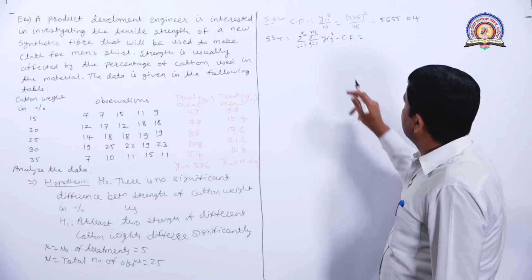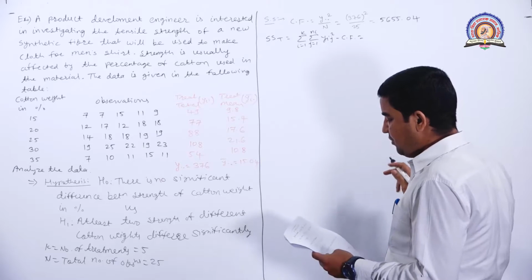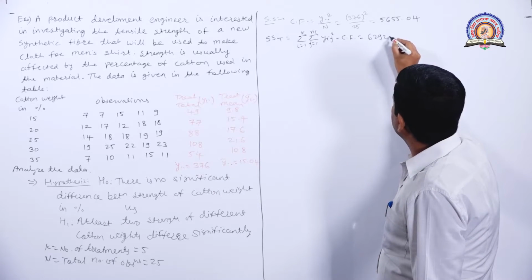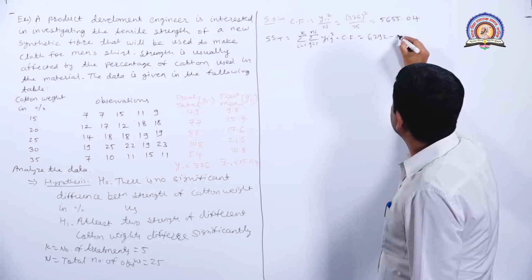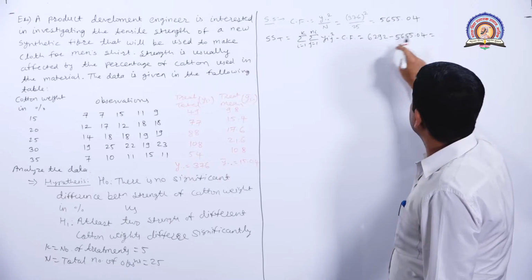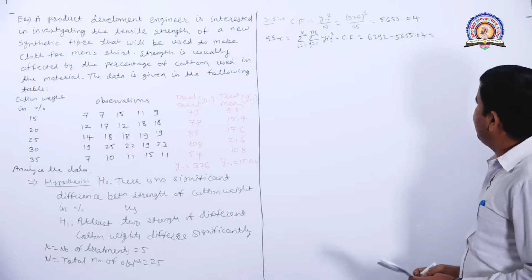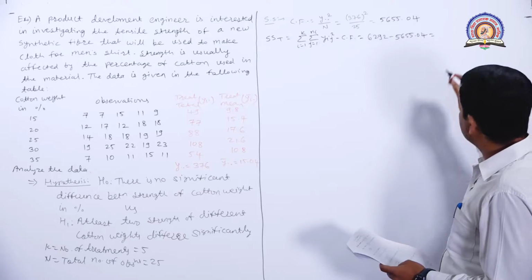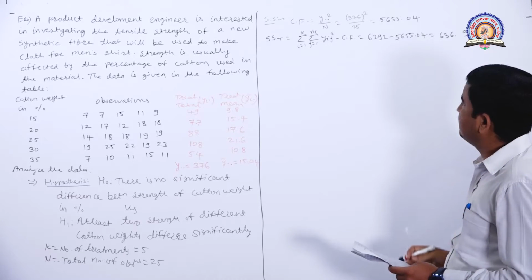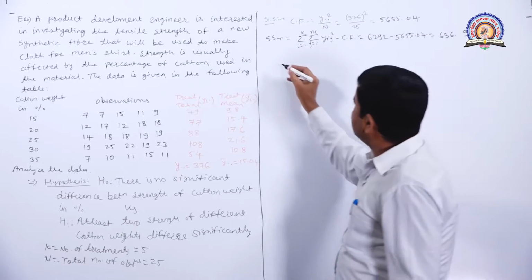This double summation will be 6292, minus the correction factor we already obtained, 5655.04. So this SST becomes 636.96. Alright.